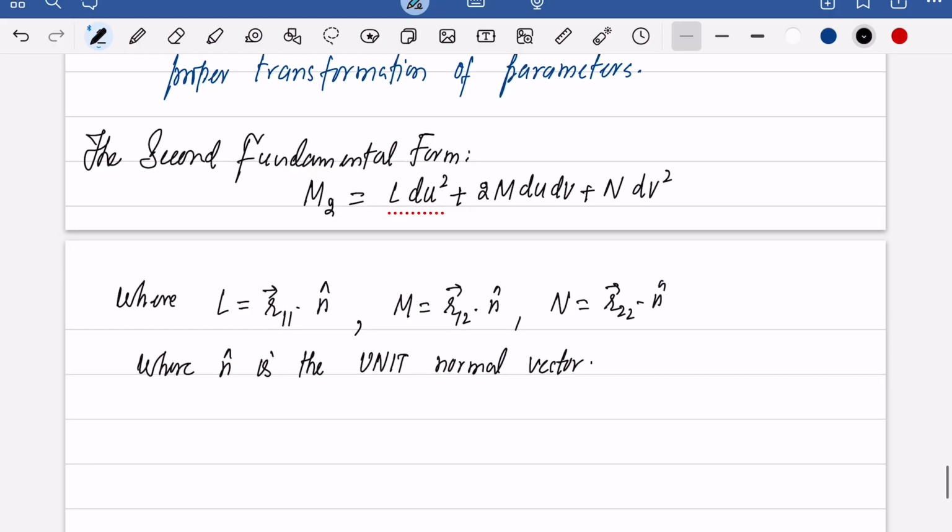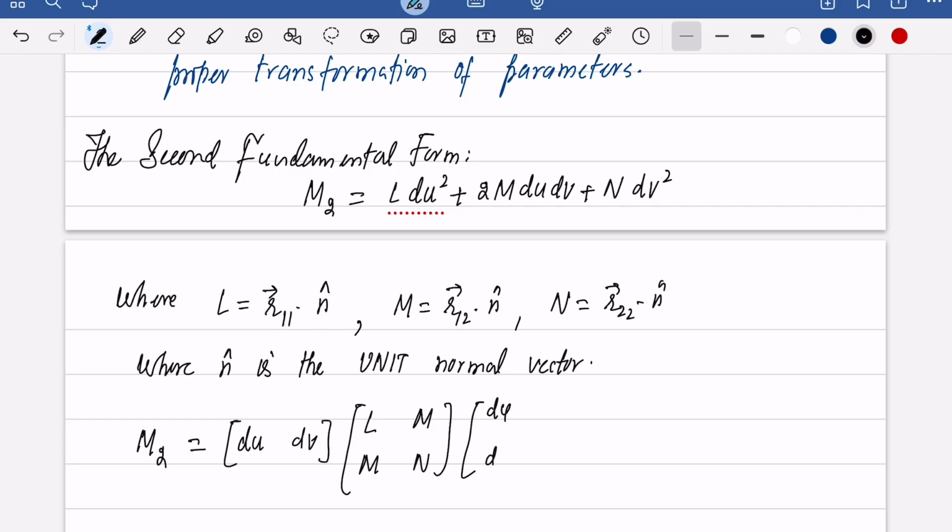Now the second fundamental form can also be expressed in the quadratic form like this: m2 is equal to du dv with the matrix L, M, M, N multiplied with du dv. So this is the second fundamental form in the matrix form.